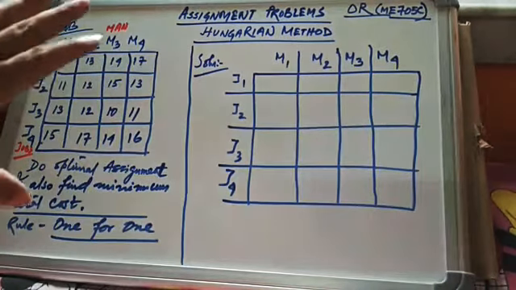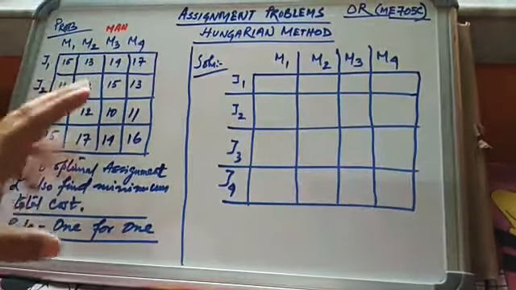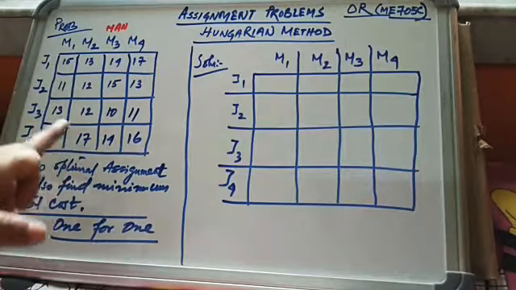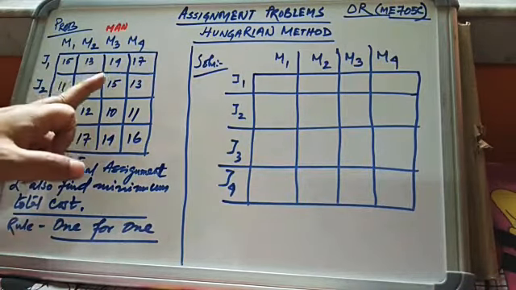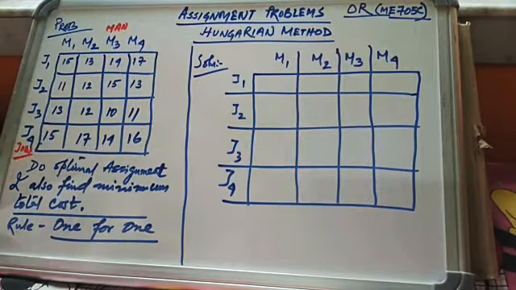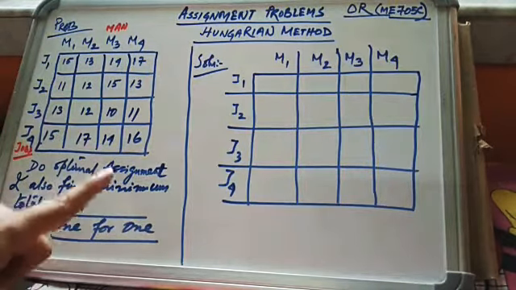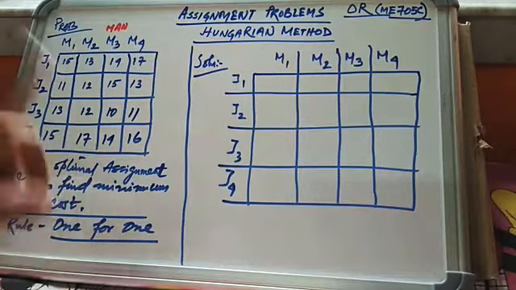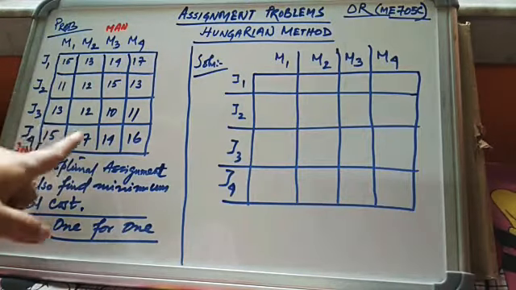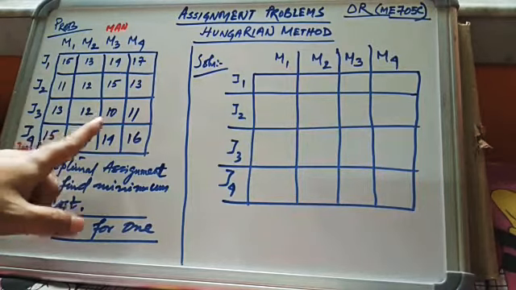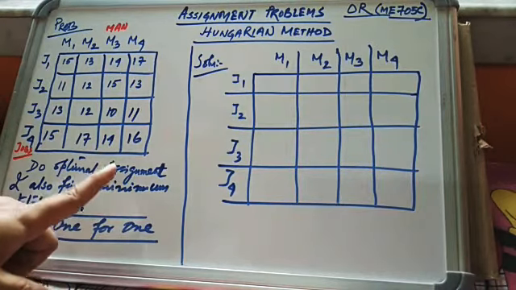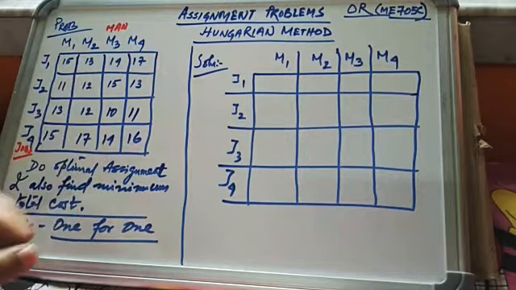Now you have to do the optimal assignment in such a way that the total cost to perform the total job using these four men is optimized. That is, find the minimum total cost. We have to find the minimum total cost in such a way that a job is assigned to each and every person over here, and the cost should be minimum.